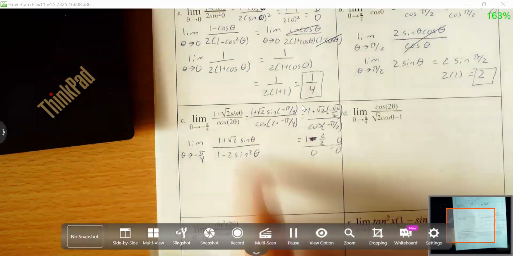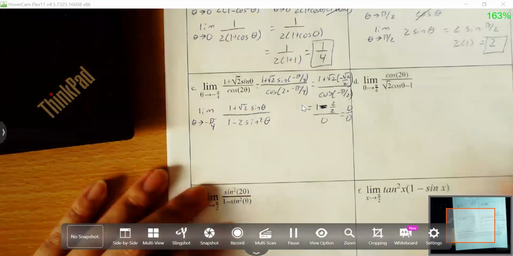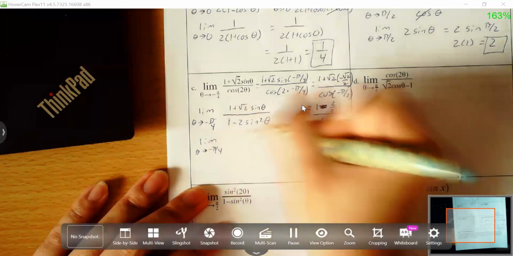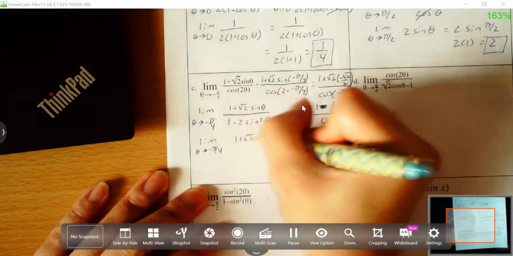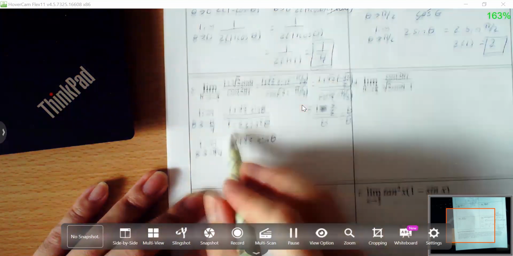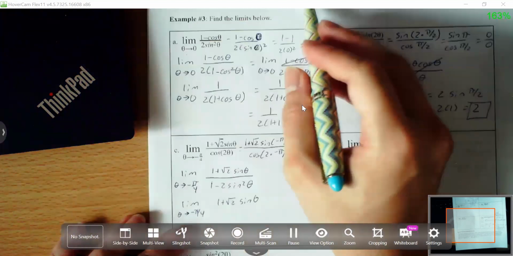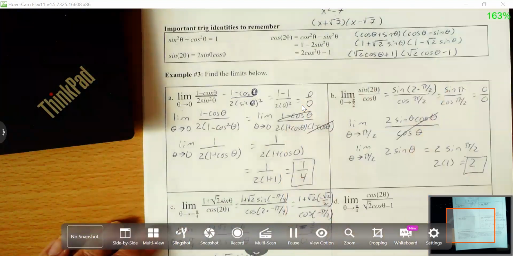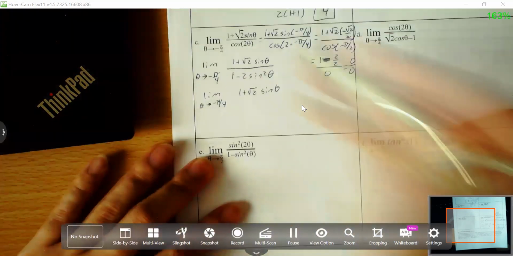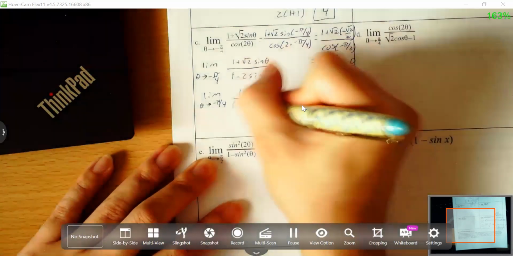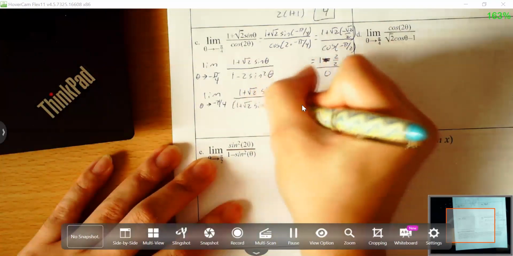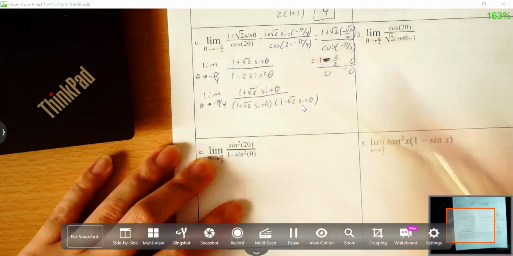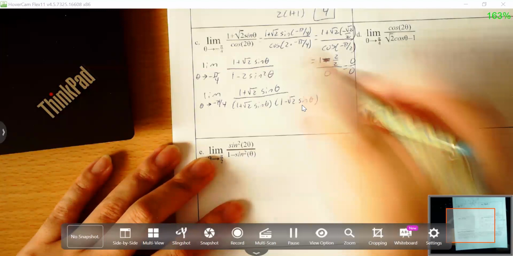I'll be okay if you skip this step and go straight to the limit as theta approaches negative pi over 4, but I want to show you all the steps here. 1 plus root 2 sine theta. And then I'm going to use that this breaks down into all of that. So this is going to be 1 plus root 2 sine theta, 1 minus root 2 sine theta. That cancels.